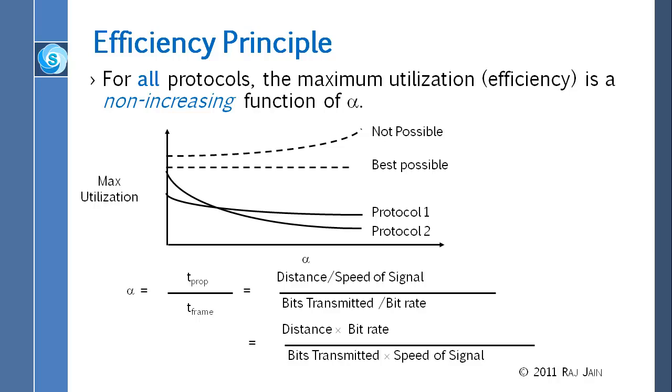This is also mathematically correct, non-increasing. Non-increasing means the best thing you can do is not increase, remain constant. But this is not possible. All that is possible is mostly it will go down. And different protocols will be compared based upon how fast they go down. Some protocols will go down very fast, some will go down slowly, the best you can do is remain the same.